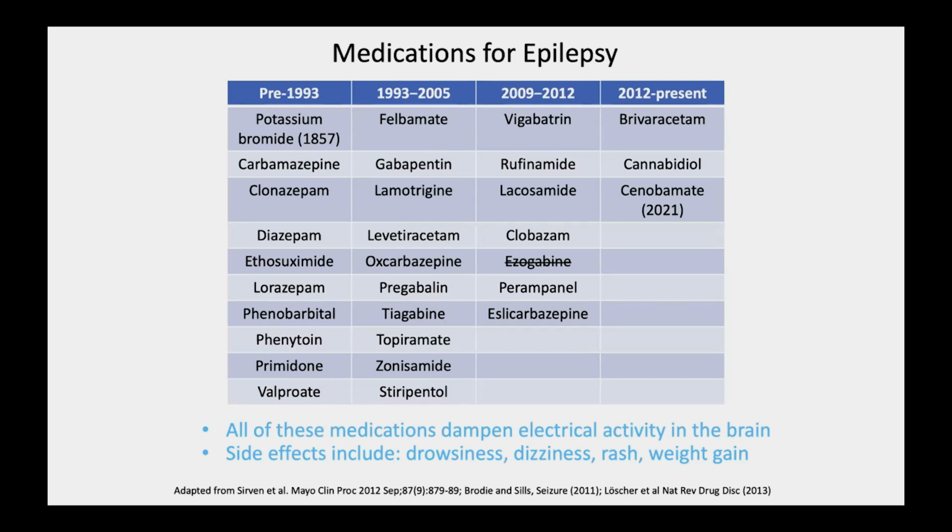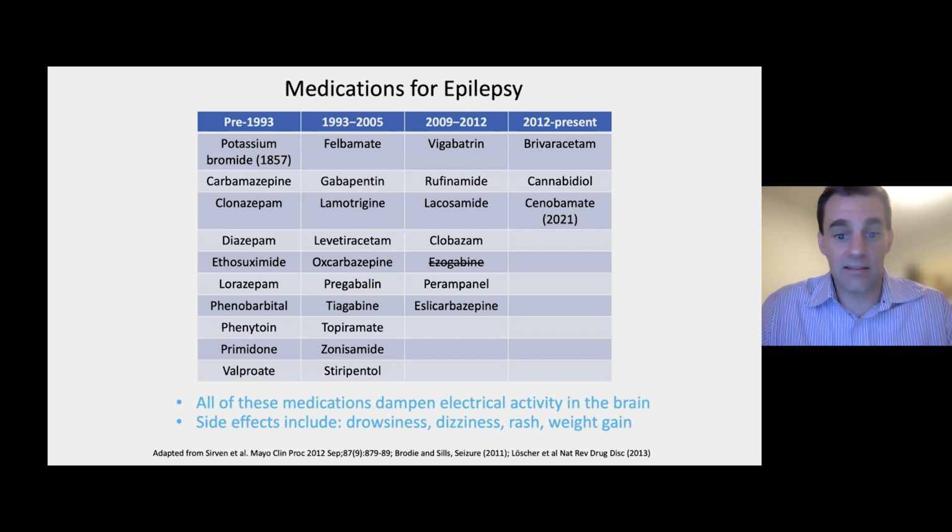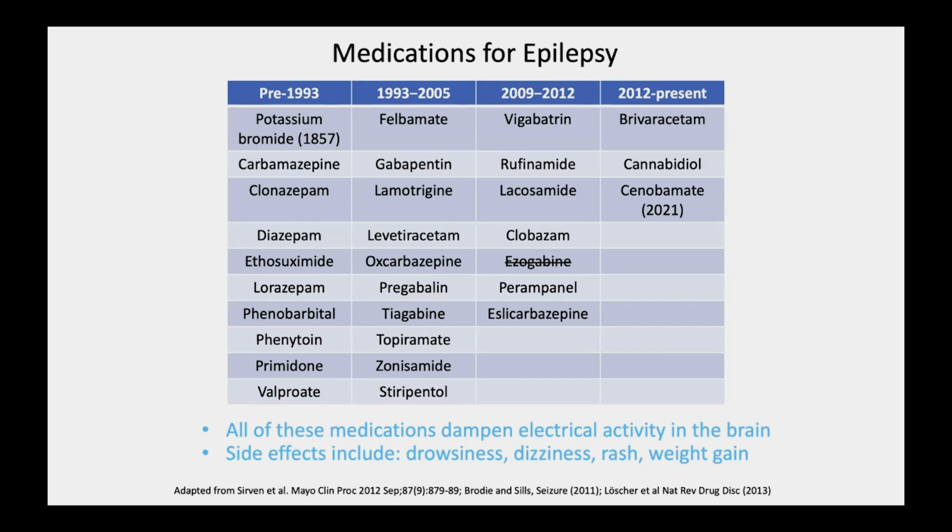But the problem with that, as you can imagine, is sometimes we need activity. We need, of course, brain activity to do what we usually do, think, to go about our day. So side effects can often be drowsiness, dizziness, and other things like rash and weight gain can sometimes happen too.